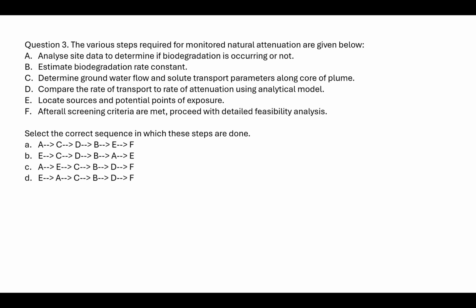And then the next step is estimate biodegradation rate constant, followed by compare the rate of transport to rate of attenuation using analytical models. And finally, the last step is after all screening criteria are met, proceed with detailed feasibility analysis. So the various steps for monitored natural attenuation follow the order as given in option C.